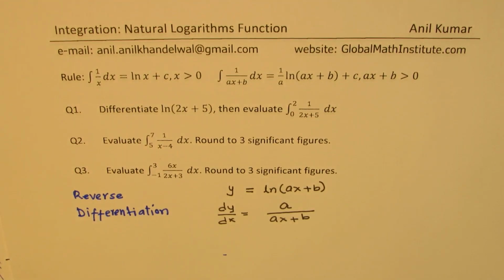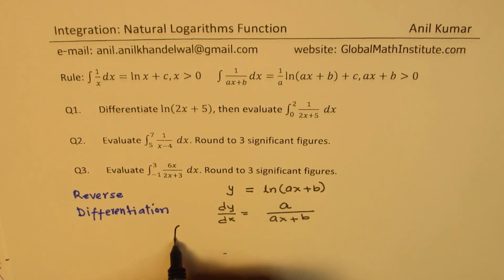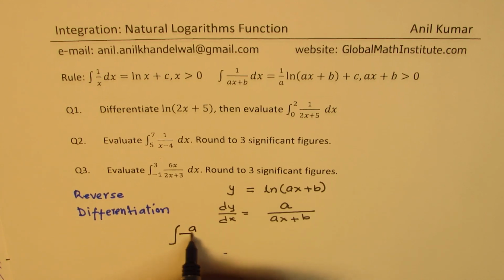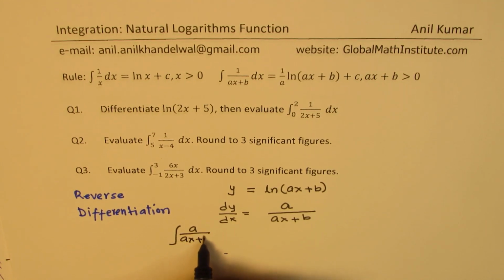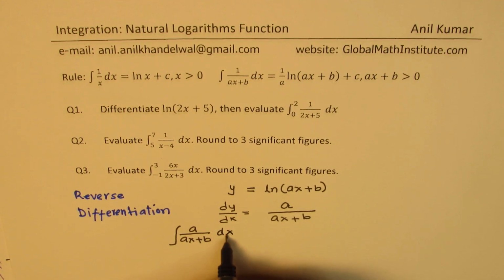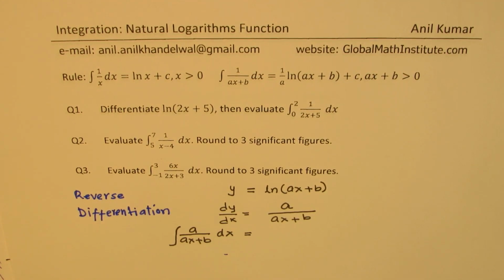Now, integration is antiderivative. What do we mean by this? We really mean that the integral of this right-hand side will be the function itself. So we can write this as the integral of a over ax plus b dx should be equal to the function itself, which in our case is ln(ax plus b).